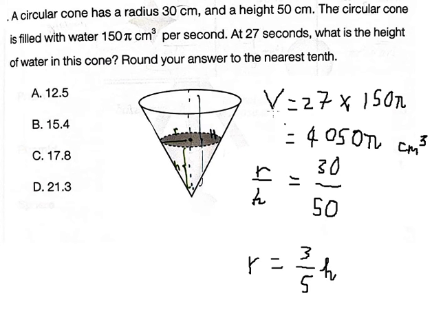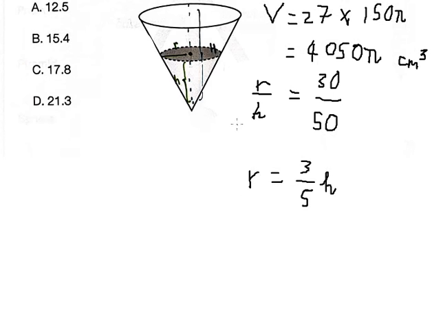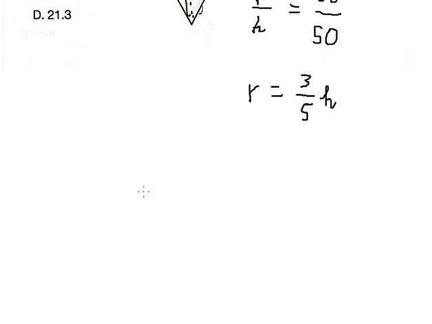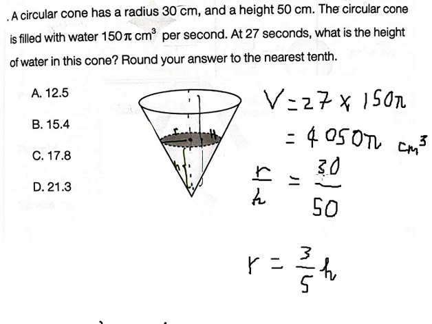Now the next one, the question wants to find the height. So the formula of the cone is V equals 1 over 3 πR²H. And now in this one we have the volume from here.